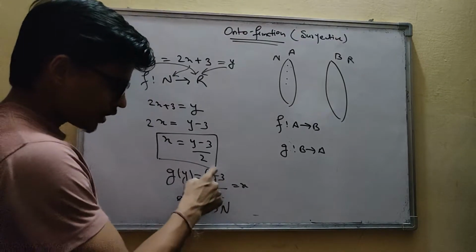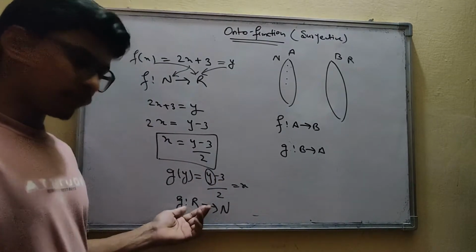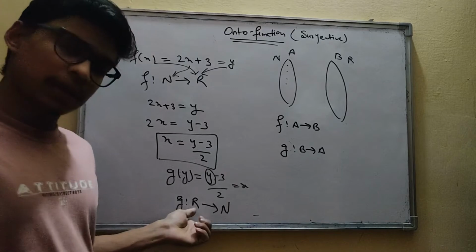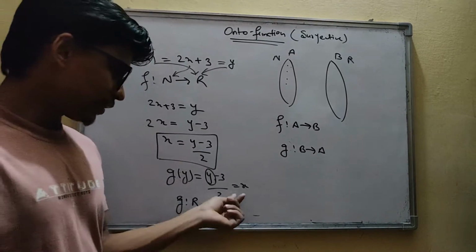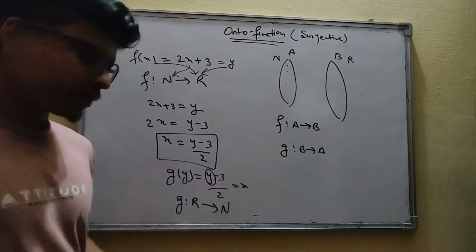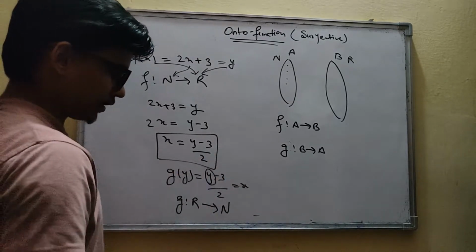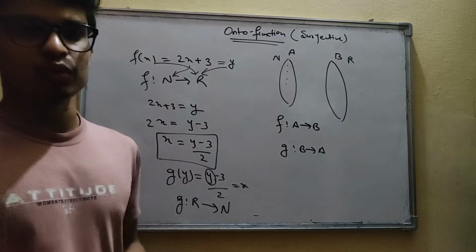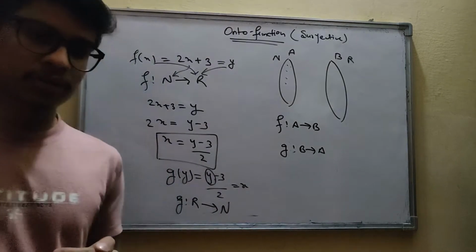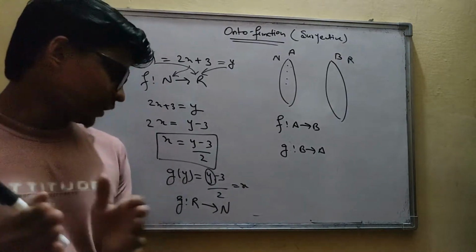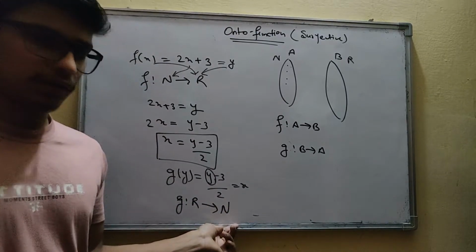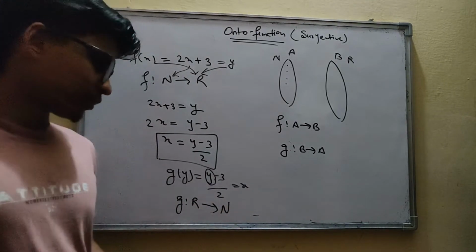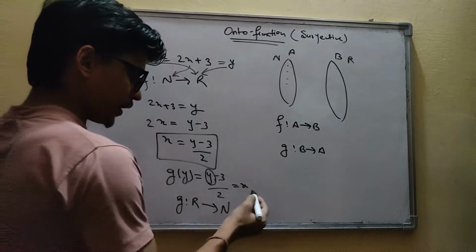If I substitute y from any real number, is it possible that every time I will get x as a natural number? It is not, basically. How? If I substitute y as 0, I am going to get minus 3 by 2, which is not a natural number.